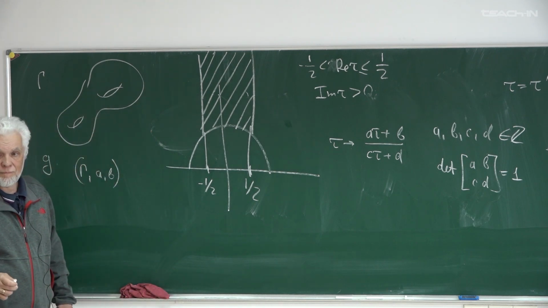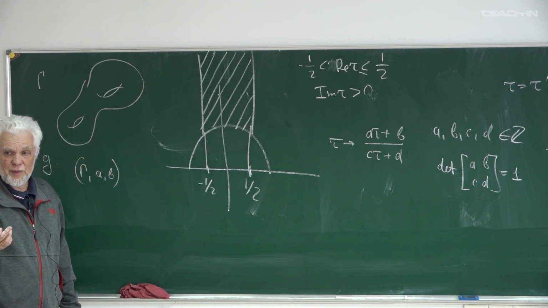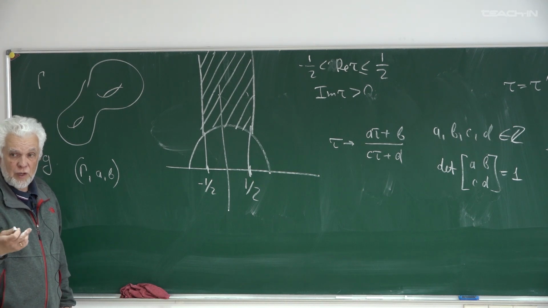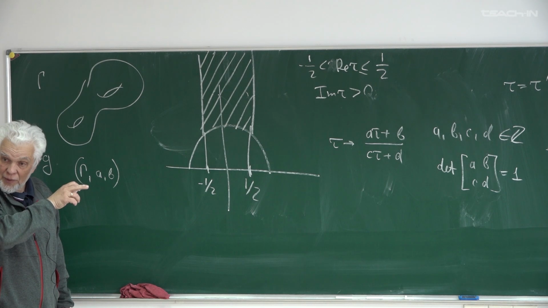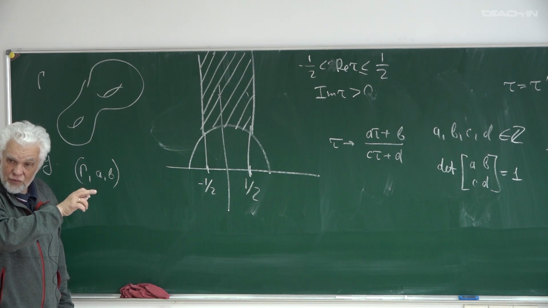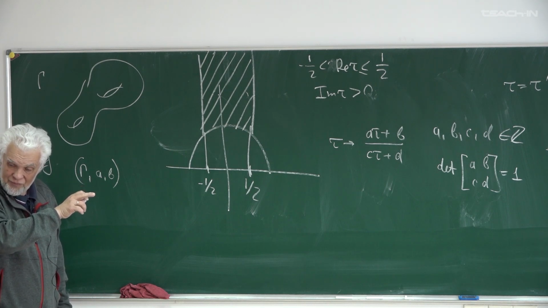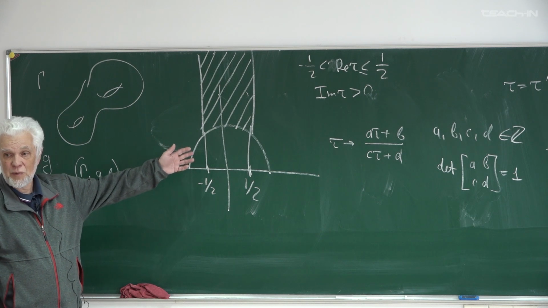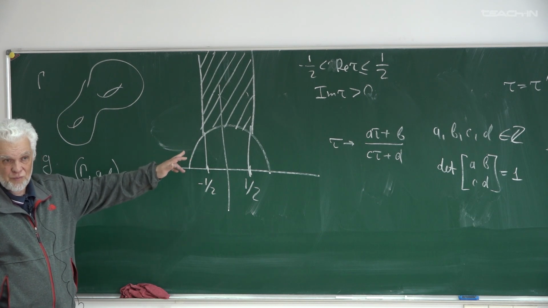What do you mean by fundamental domain? The fundamental domain means the following. First of all, any point can be moved inside this domain using this group. By the way, you can look on the internet and easily find pictures of it.